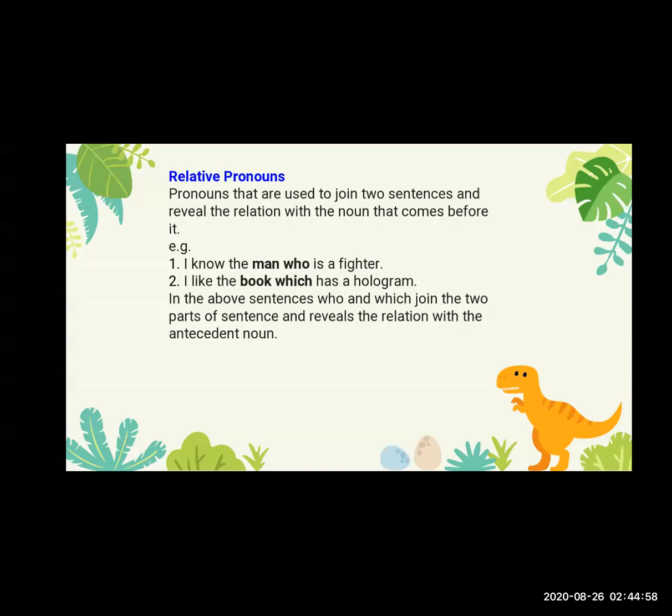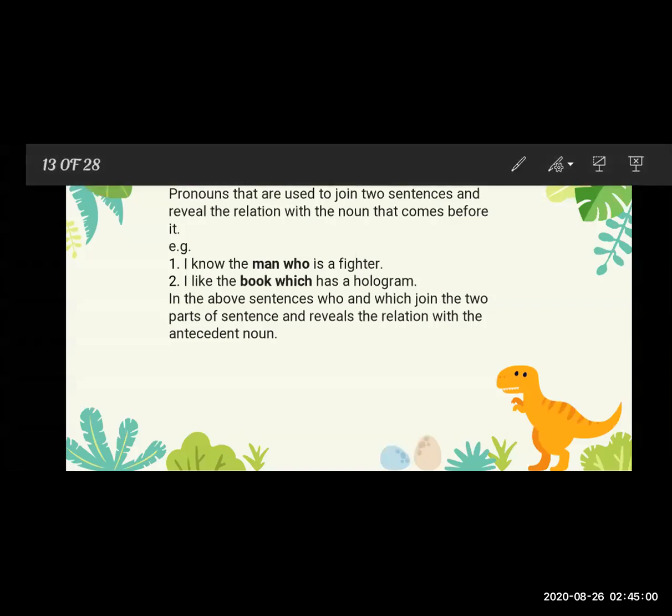I know the man who is a fighter. In this sentence there are two sentences, and these two sentences are joined with who. So here the relative pronoun who is used, and who is telling the relation of the man.